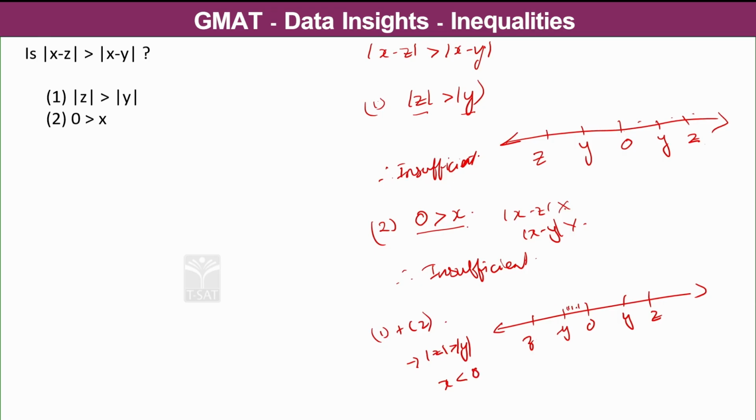If it is in this area, then the distance from y will be greater than the distance from z. But if it is in this area, the distance from z will be greater than the distance from y. Therefore, together they are also insufficient to answer whether or not mod of x minus z is greater than mod of x minus y. Therefore, the answer is option E, when both statements together are also insufficient to answer the question.